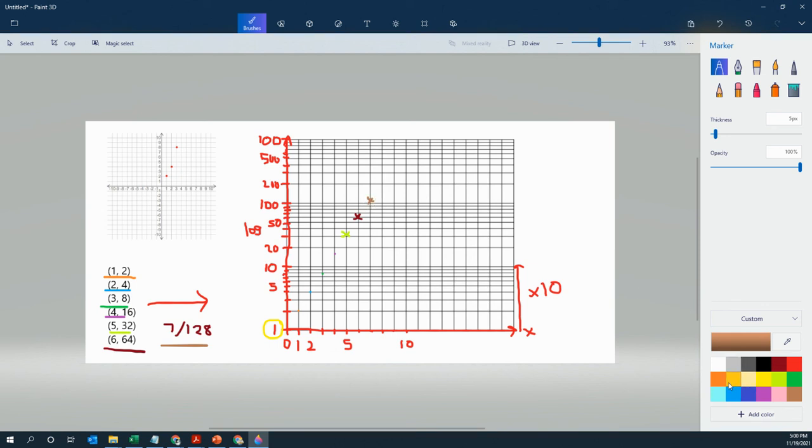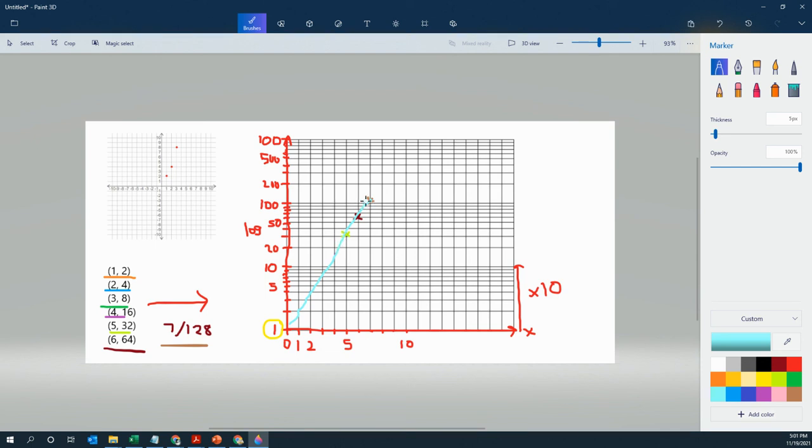And now when you try to graph these together, one of the things you're going to notice is, apart from the fact that I don't know how to graph anything and that I don't have a ruler, this is actually very close to a straight line. Now, if I did this perfectly, it would be a straight line.